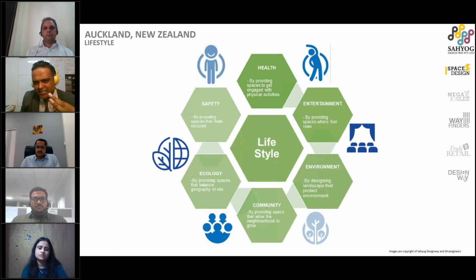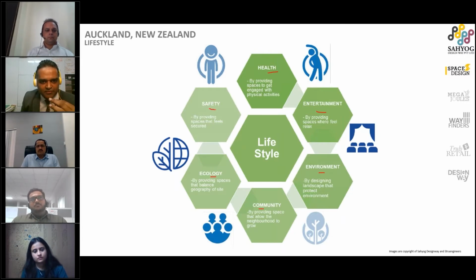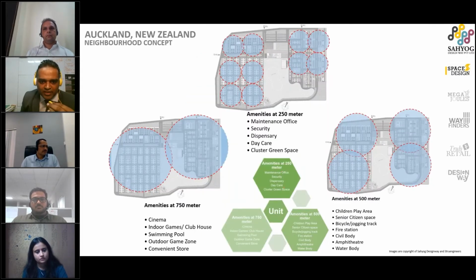And these are the six basic parameters on which it was designed: health, entertainment, environment, community building, ecology, and the safety part, which was incorporated in the development of the master plan. So when we look at how we place the amenities, the maintenance part was at 250 meters across any distance which you look at.